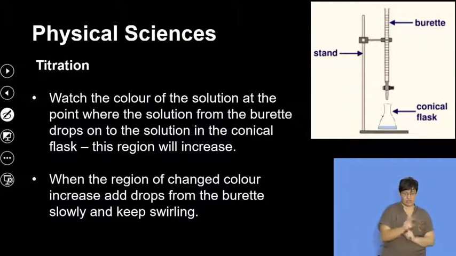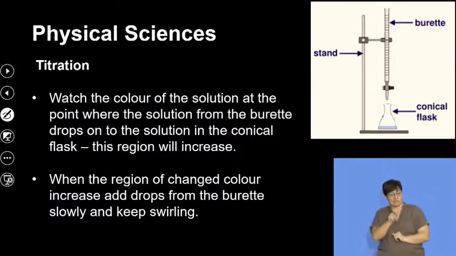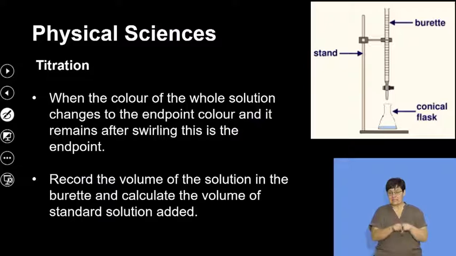We've mentioned that, right? So as we approach that endpoint, we need to release drop by drop, just in small amounts, so that we also address the issue of accuracy in terms of the volume of the standard solution. Okay, right? And then also, we need to record the volume of the solution in the burette, that's of the standard solution, okay?